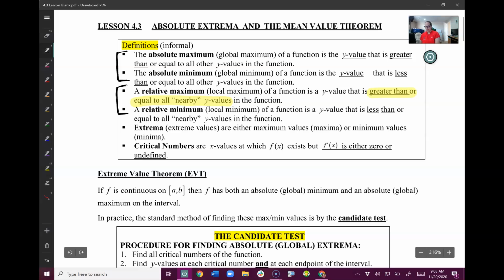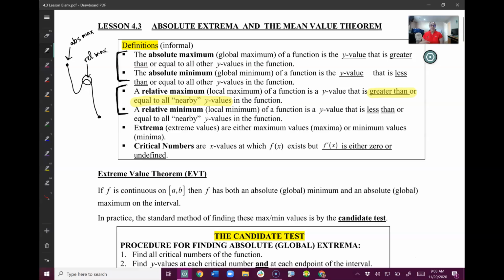So for example, if I had a function like this, that would be a relative maximum. It's bigger than all the y values around it. But this would be my absolute maximum.